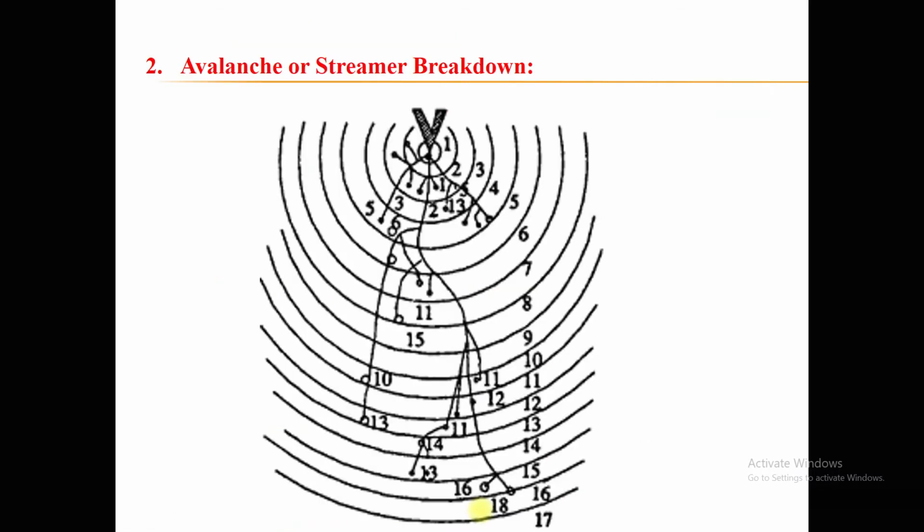Okay, so there is the uniform distribution, but if a strongly non-uniform gap is there, then the electrons are distributed non-uniformly, which you can see in this photograph. So this is the avalanche of the electrons, which produces the avalanche breakdown.